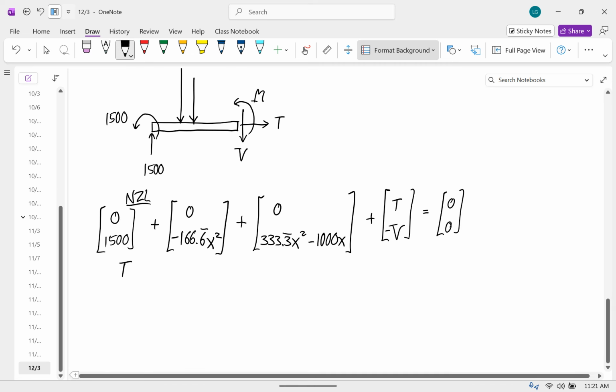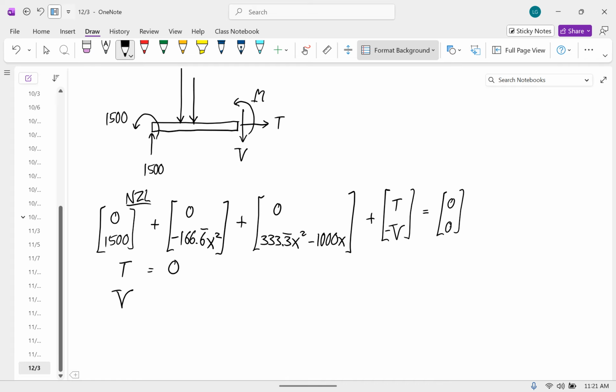So T is 0. V is 333.3 repeating x squared minus 1000x minus 166.6 repeating x squared plus 1500.